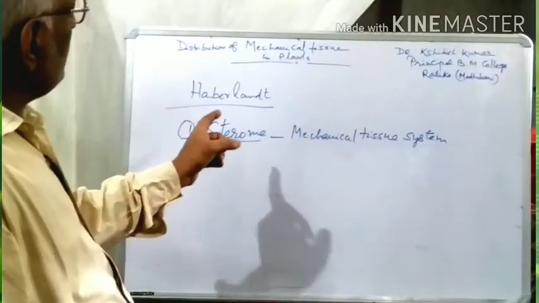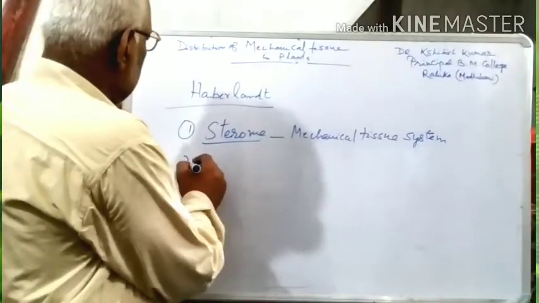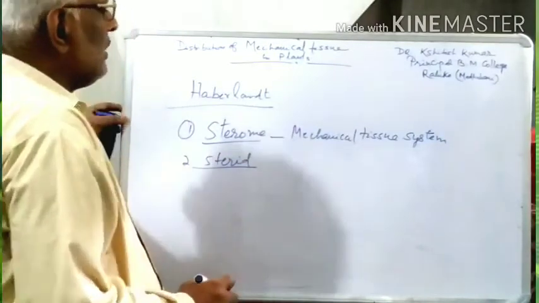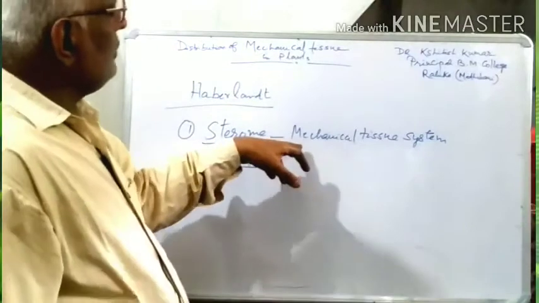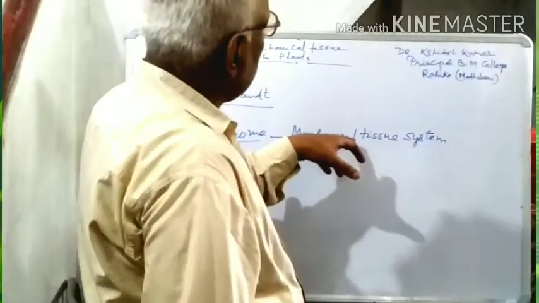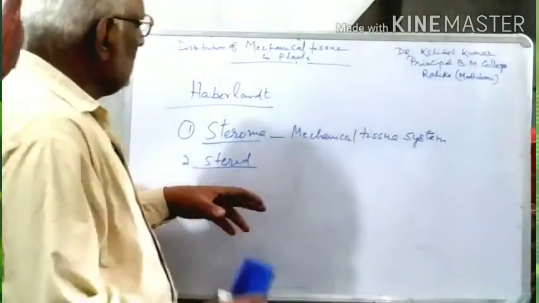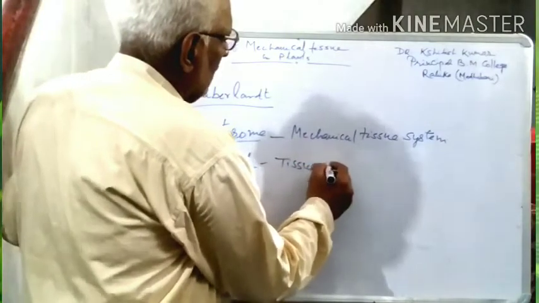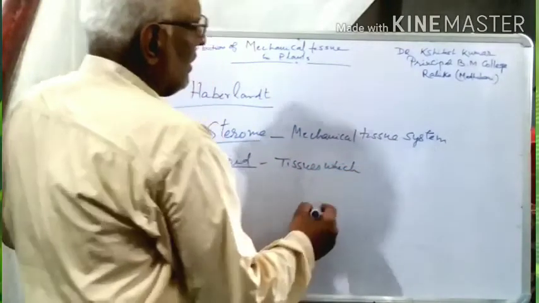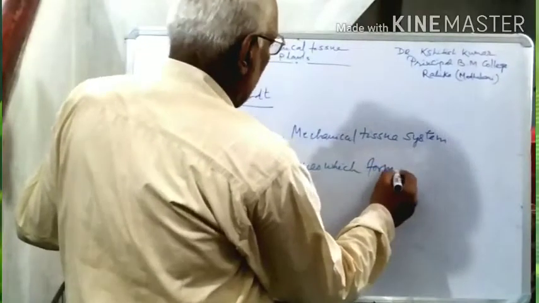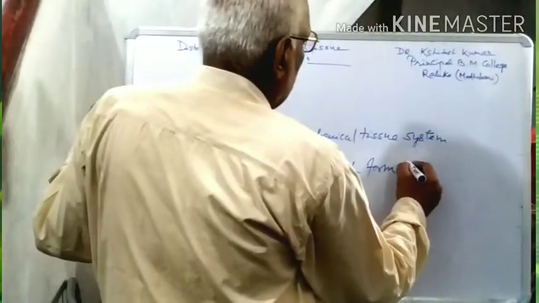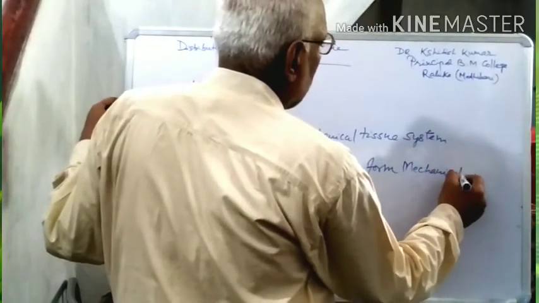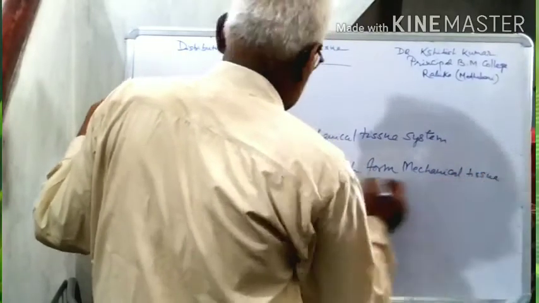He proposed two terms: stereome, and the second is stereids. Stereids are those tissues which are included in the mechanical tissue system, which form the mechanical tissue system.